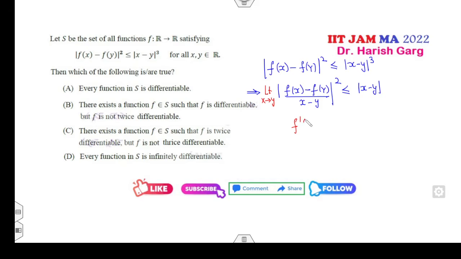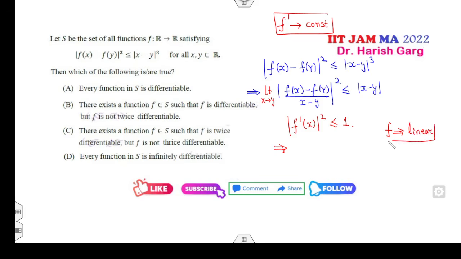The left hand side becomes f dash of x whole square is less than equal to 1. So what does it mean? f dash क्या हो गया आपके पास, constant function. फाइन. तो f कैसा मिलेगा आपके पास? f will be my linear function. अगर f is a linear function, every linear function is differentiable.